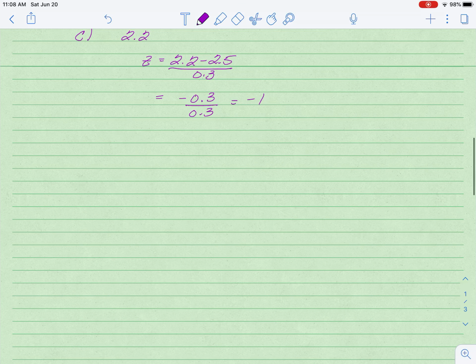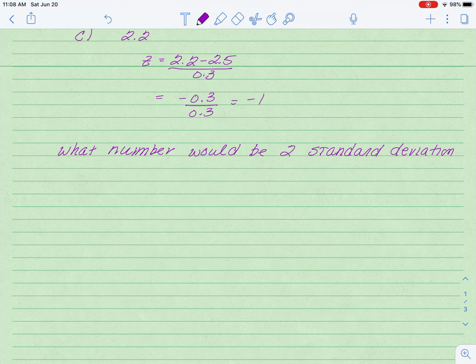So let's ask a different question. What number would be 2 standard deviations below the mean?